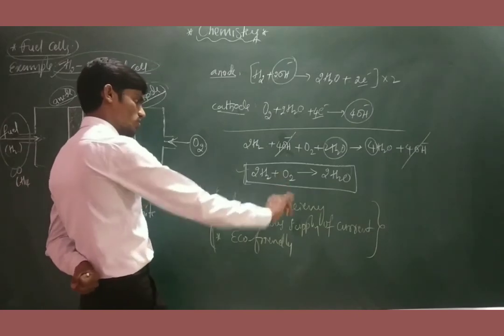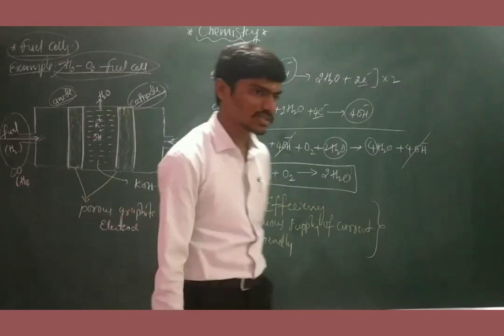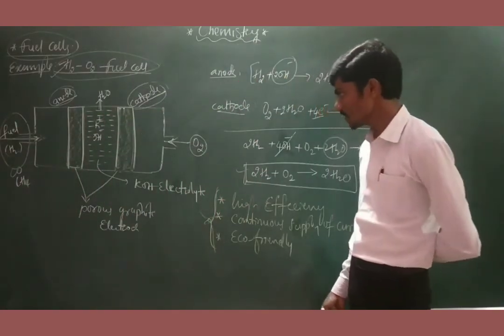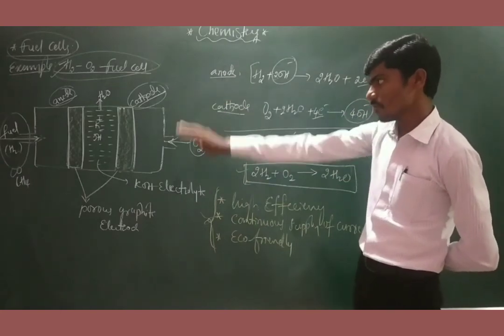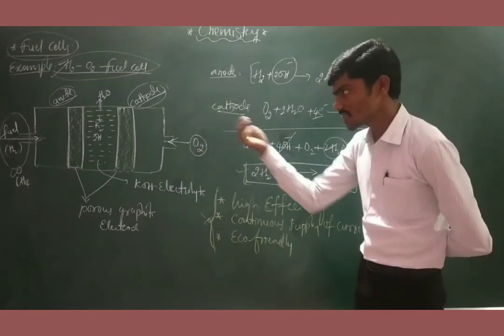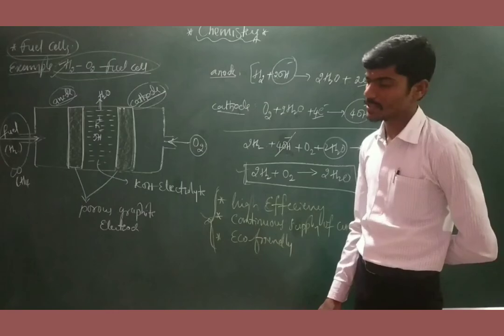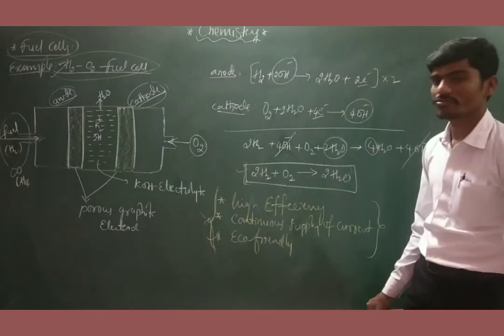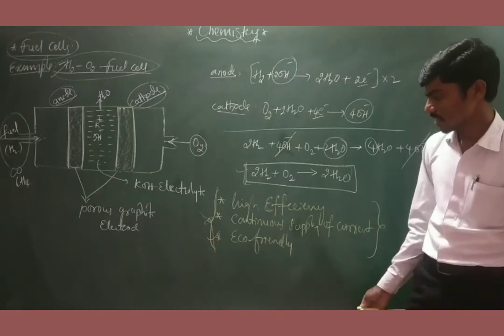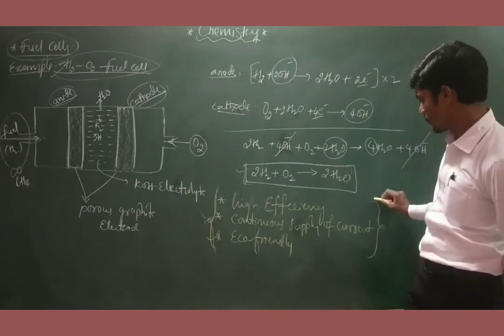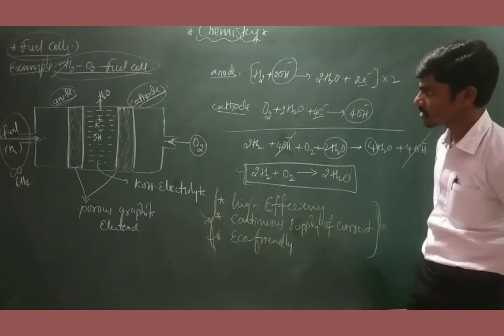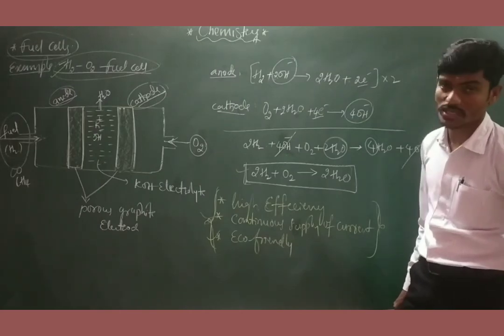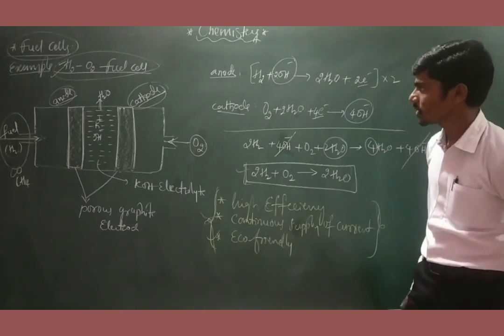It gives the electric energy continuously until you stop passing the fuel into the anode compartment, and it works pollution free, eco-friendly. So therefore it finds many applications and advantages over the other voltaic cells.